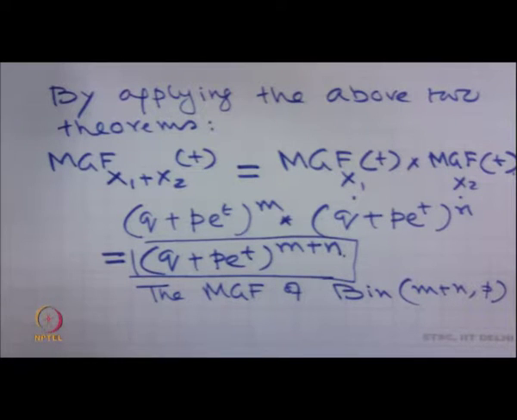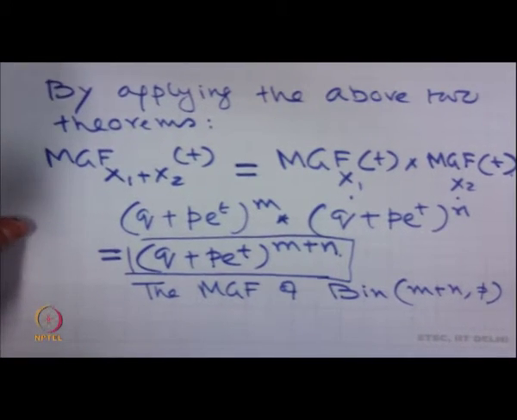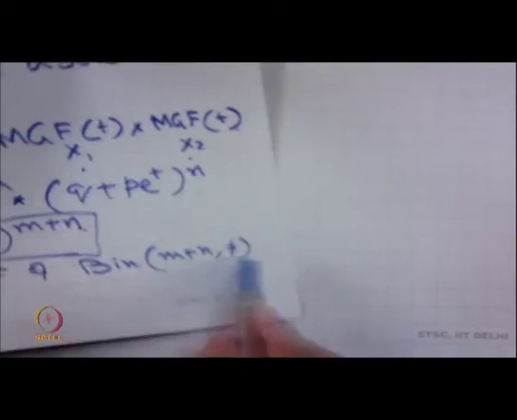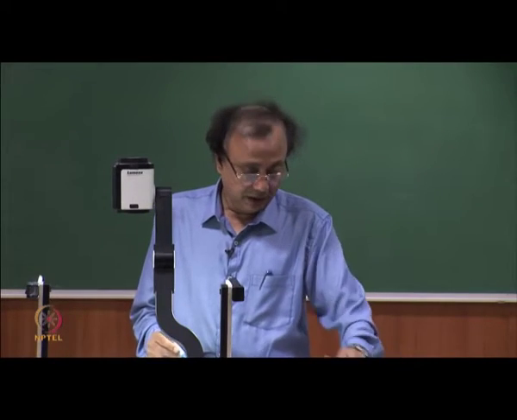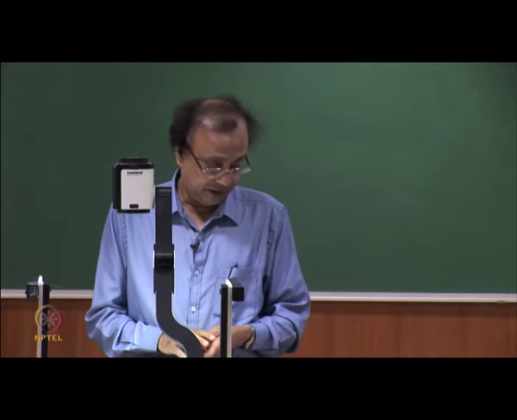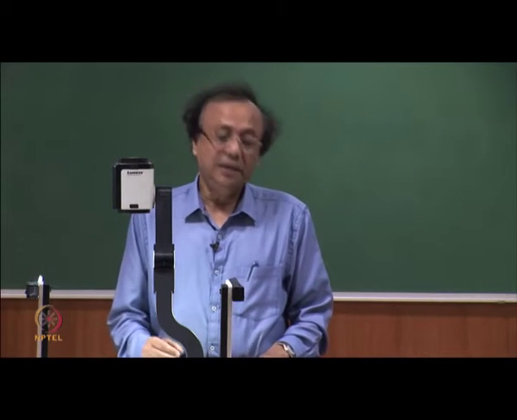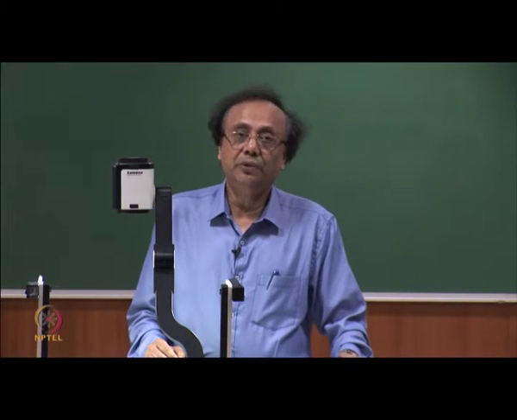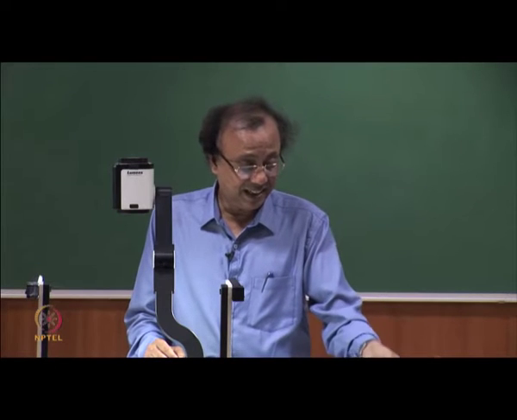So, the results that I have shown you earlier by explicit summation can also be proved using moment generating function. Subsequently, in many examples I may use these results directly.